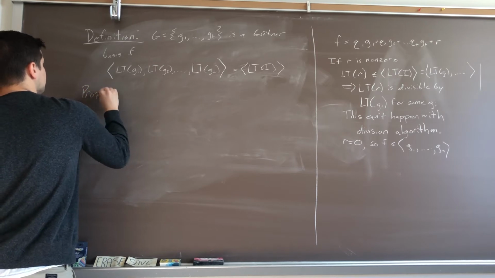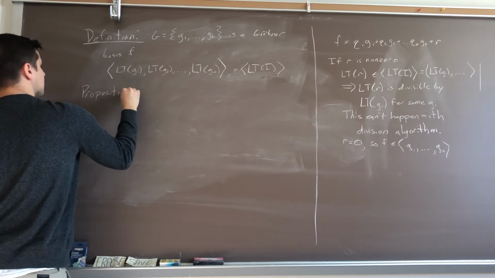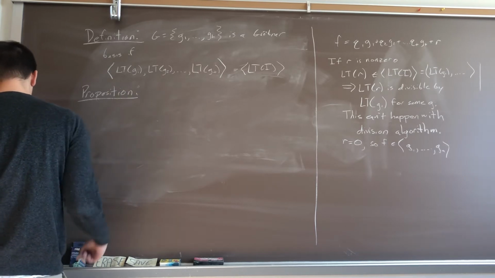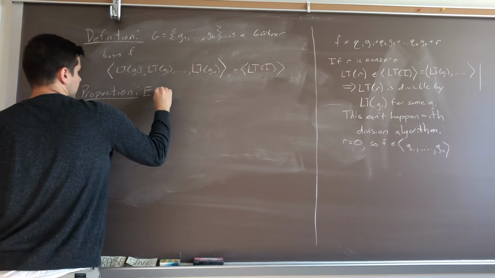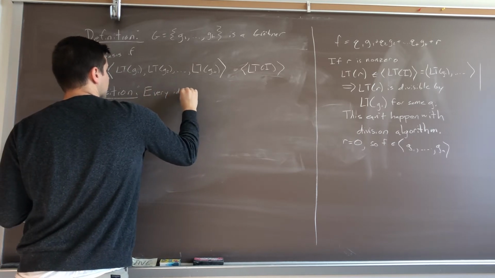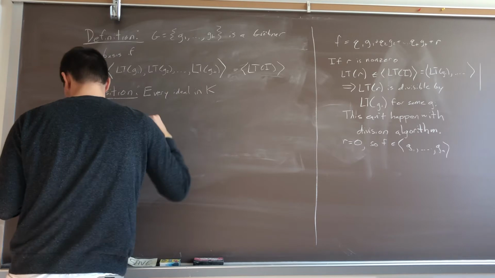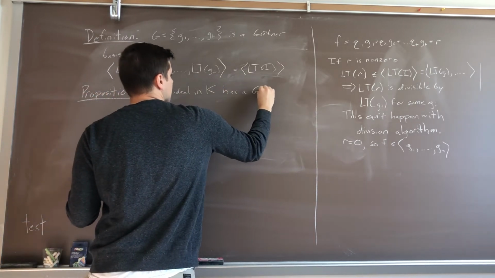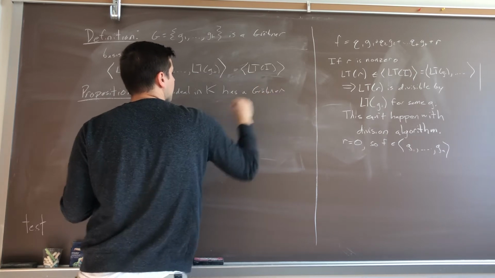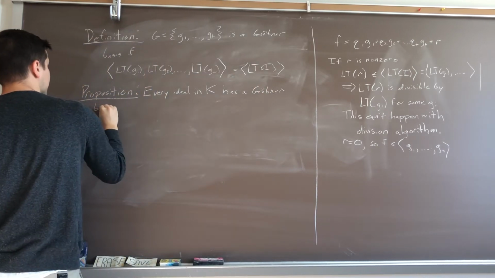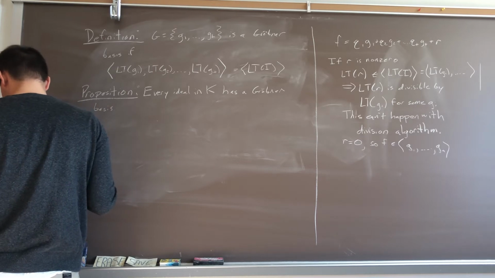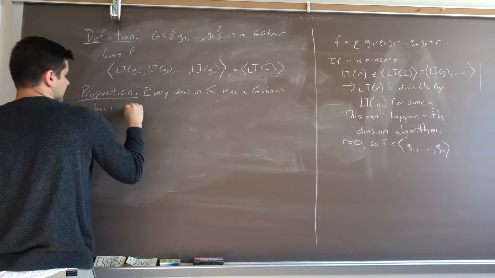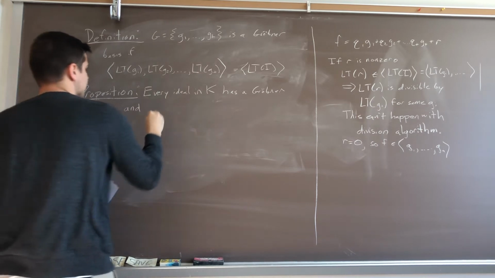So here's a proposition. This proposition is going to say that every ideal in K both has a Gröbner basis and a Gröbner basis is in fact a basis.